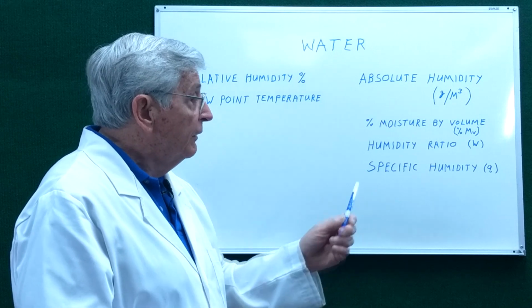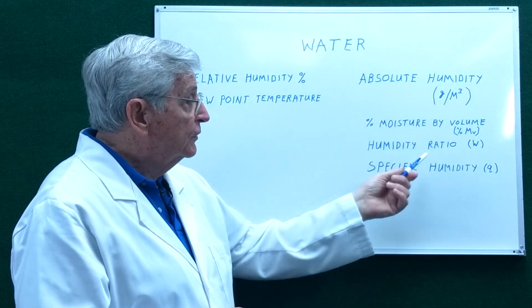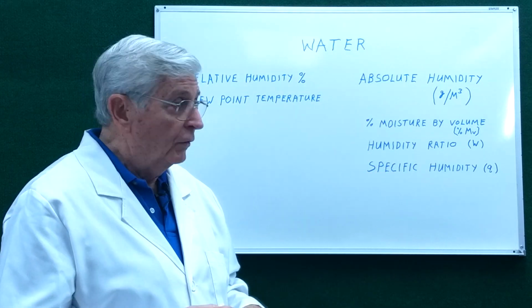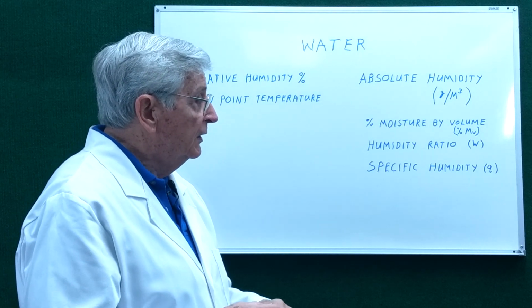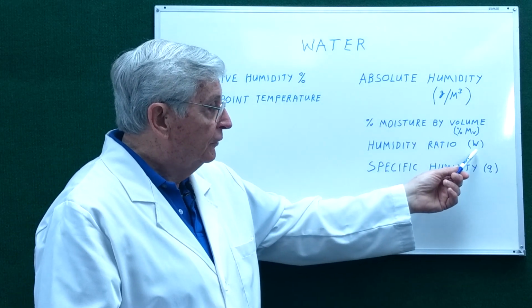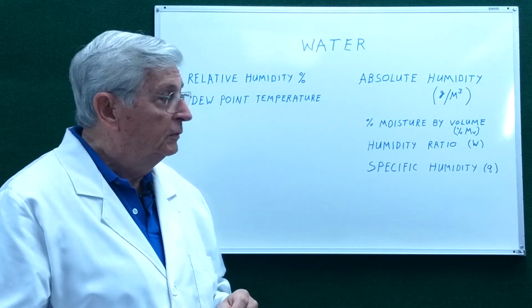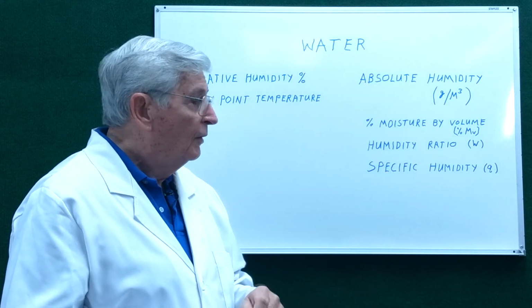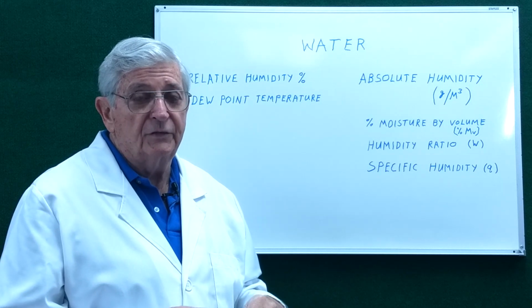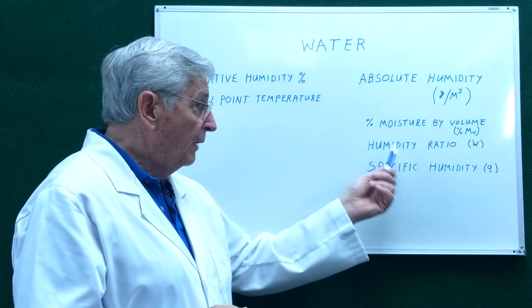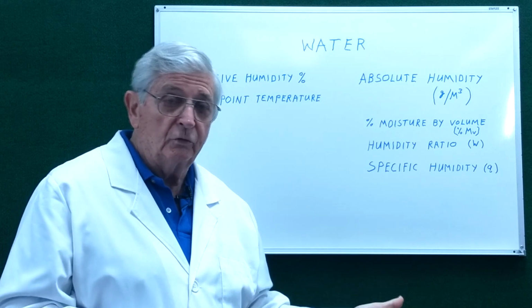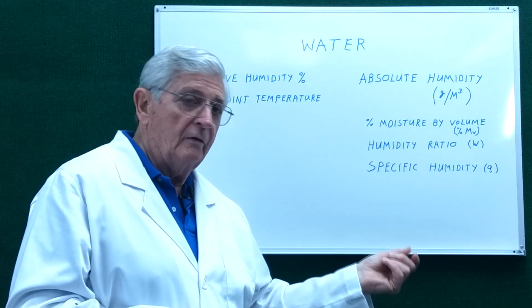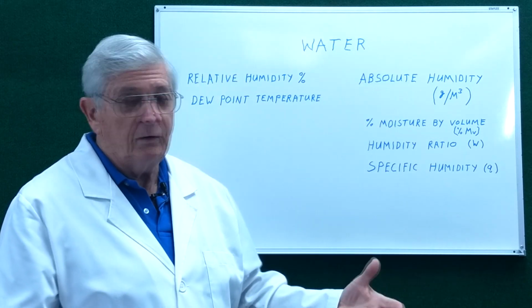So there's another term used, which is humidity ratio, and we usually use the letter W to indicate that. That's the mass of water vapor per unit mass of dry air, or pound of water vapor per pound of dry air, gram of water vapor per gram of dry air.